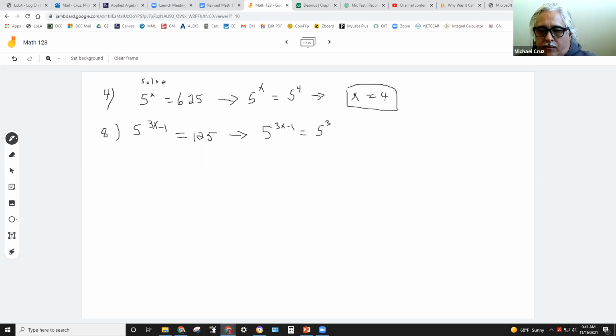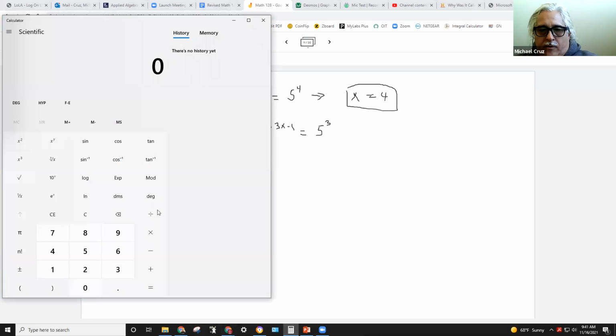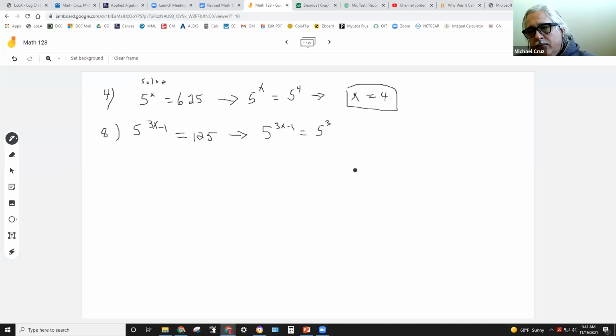Just to kind of get your brain stirring, 5 times 5 is 25, and times another one, that's how we get to 125. And before we had another one, and that's how we got 625. So now they're like bases, and we simply say 3x minus 1 is equal to 3.